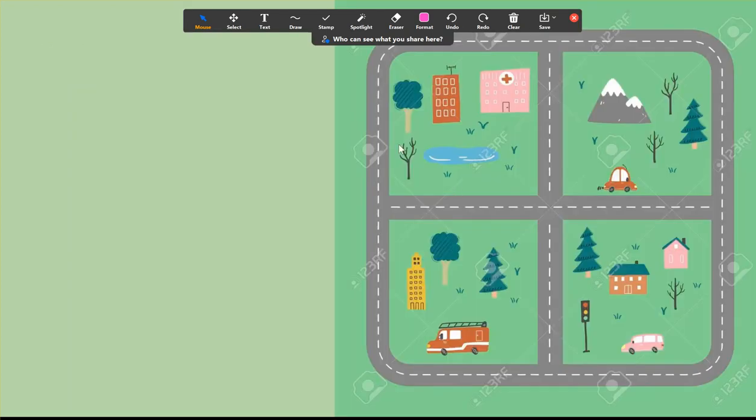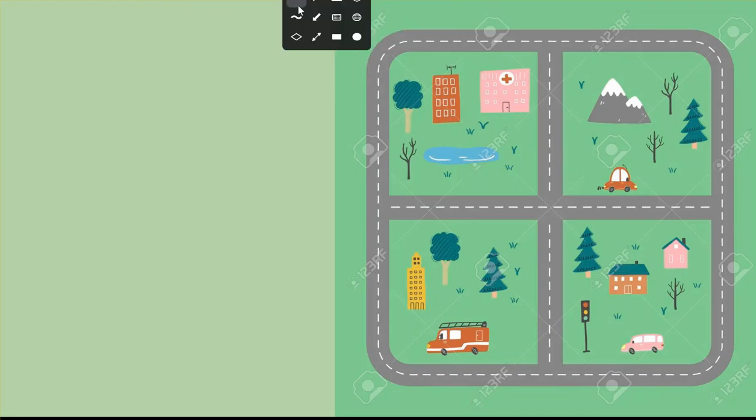So let's take a look at this map over here. One way that I like to think about algebra is an adventure of X. So let's say, for example, you live in a little house here, and your school is all the way over here.